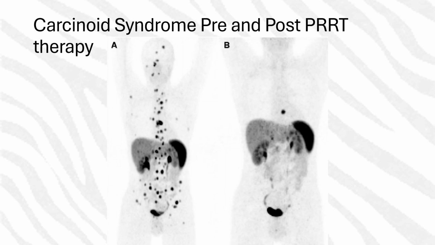And then that patient received the lutetium-177 therapy, and it's almost completely resolved. You see maybe a couple more places over here in the liver, and then also one there.